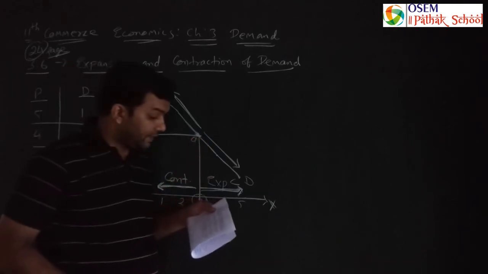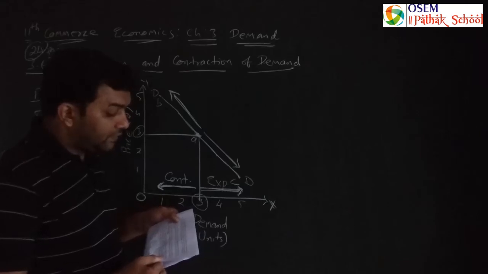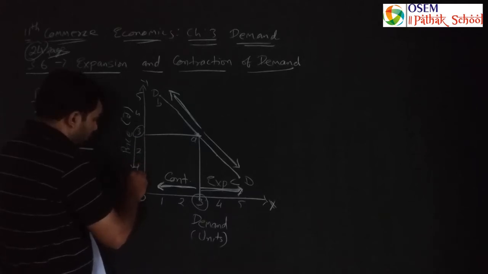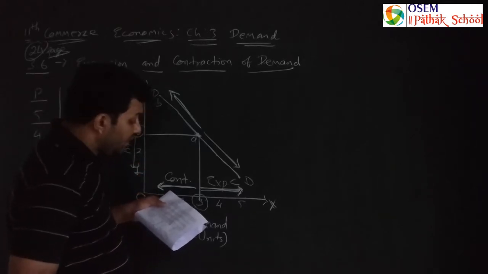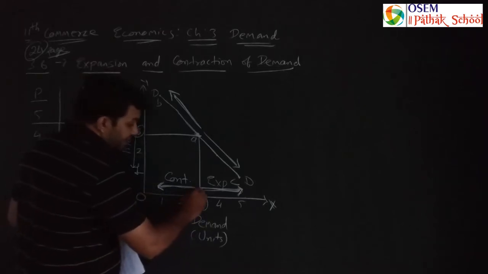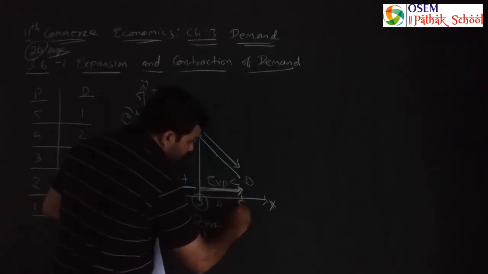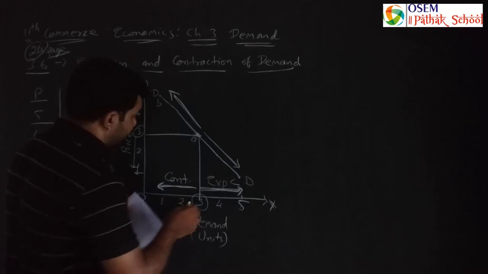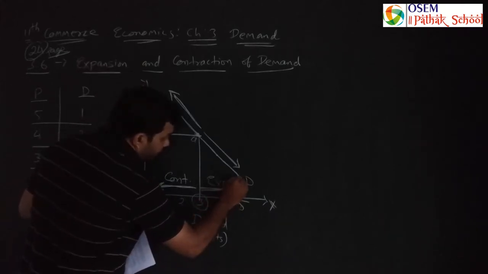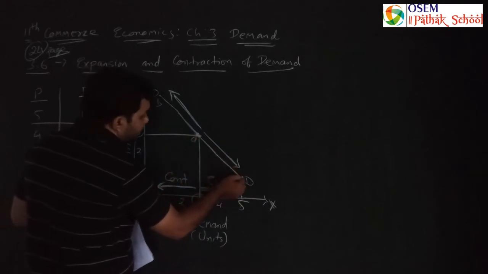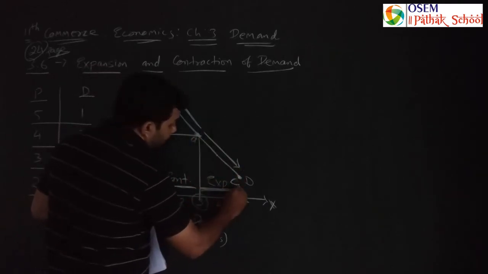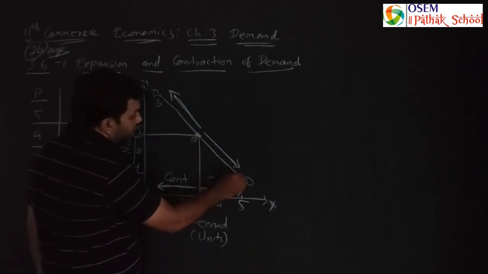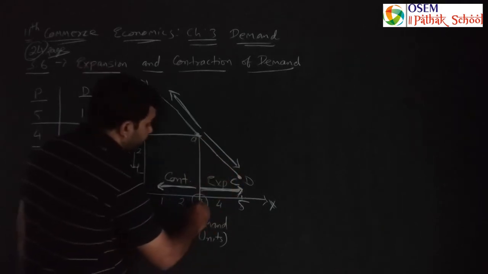Now what is happening further? When price falls to 1 rupee, demand expands to 5 units. Demand is expanding from 3 units to 5 units, which is shown at point C. Here we have already written point C. So from A to C, this movement is called expansion of demand, because the same demand curve is expanding from 3 units to 5 units.